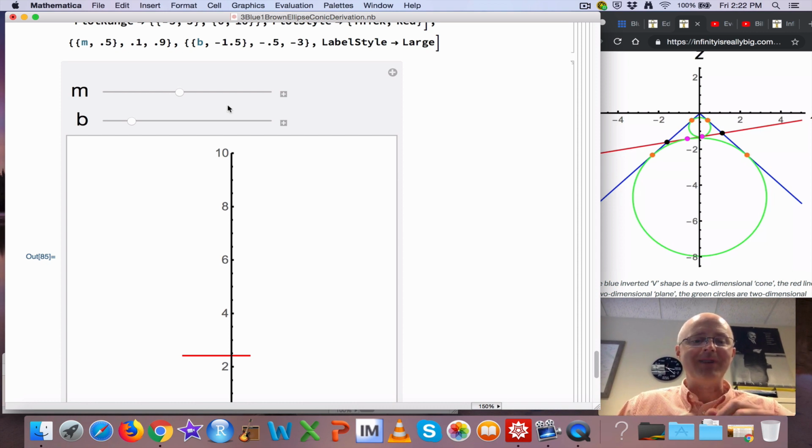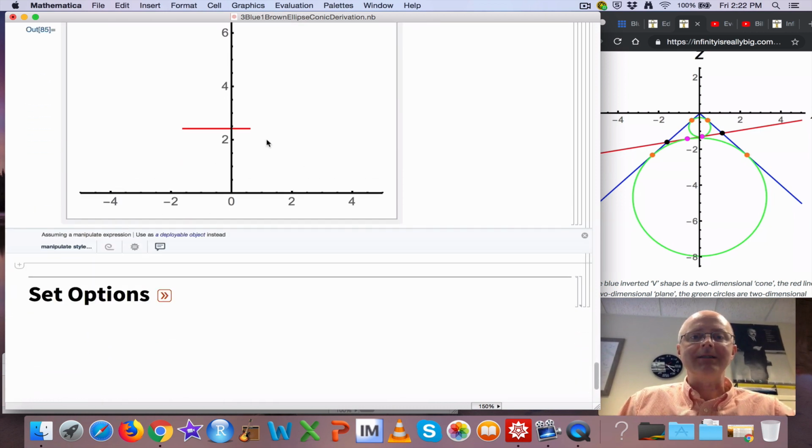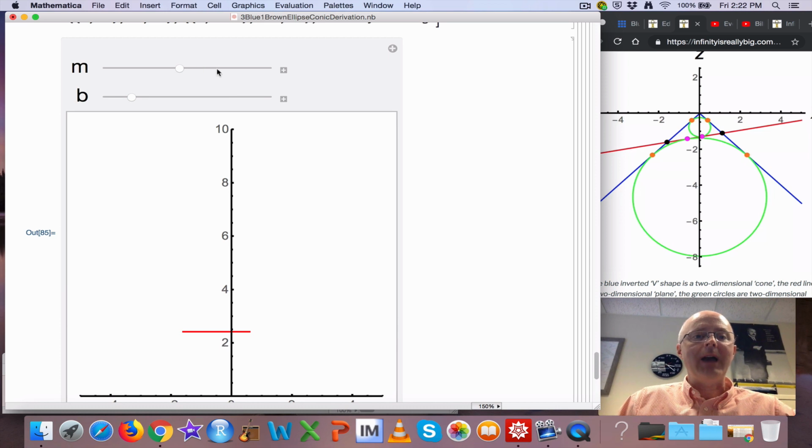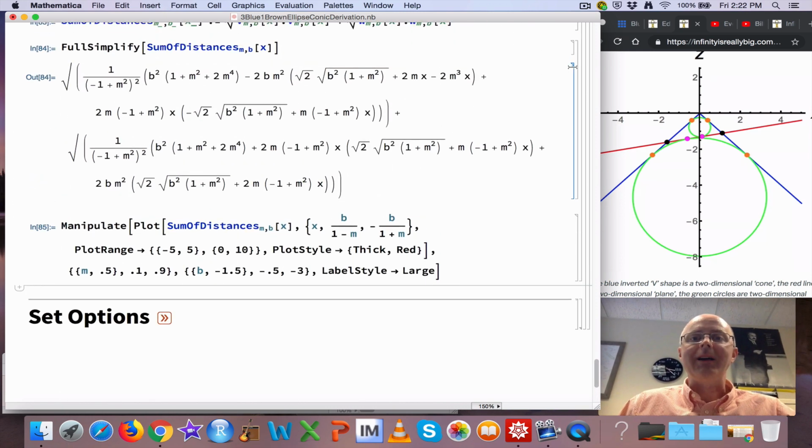The fact that this graph is horizontal, constant, for any value of x. x is the horizontal axis down here. And for any m and b, different m's and different b's give you different sums of focal distances. But for any fixed m and any fixed b, you get a constant. That is the reason why those are equivalent.